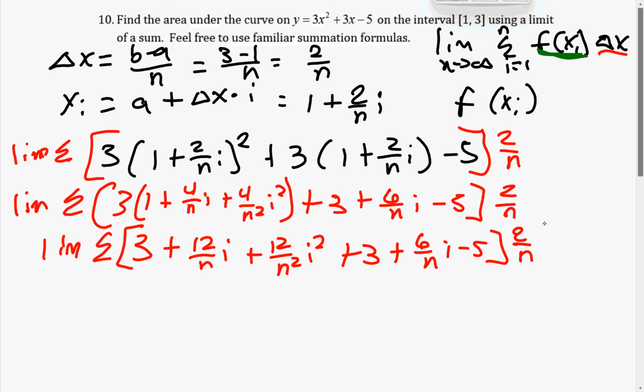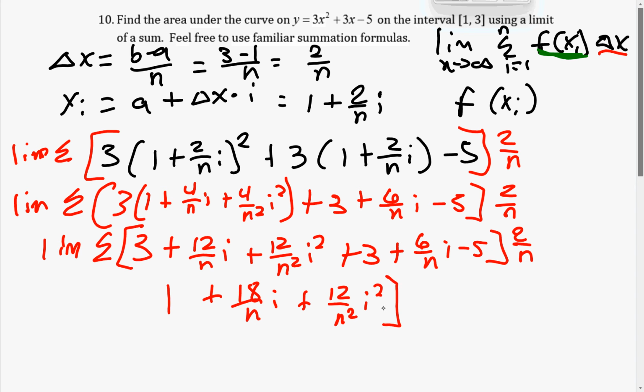All right, so then we can simplify this. We get 3 plus 3 minus 5 is 1. We have an i here, and we have an i here, so that's a total of 18 over n i. All right, then we have our squared. So 12 over n squared times i squared.